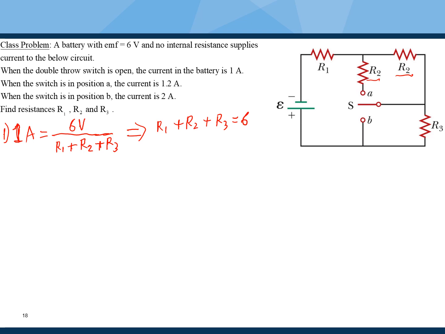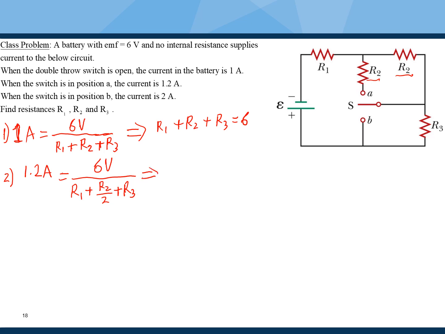So in the second part, we have a current of 1.2 amperes, and that is equal to 6 volts divided by the resistance R1, which is in series with an equivalent resistance of R2 over 2, plus the resistance R3, which is in series.